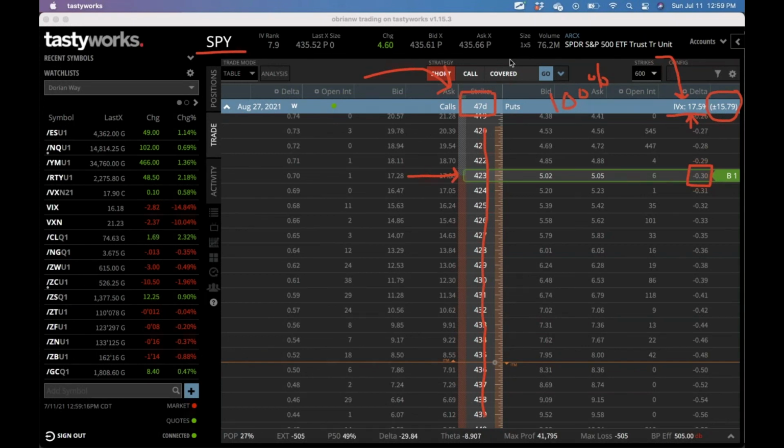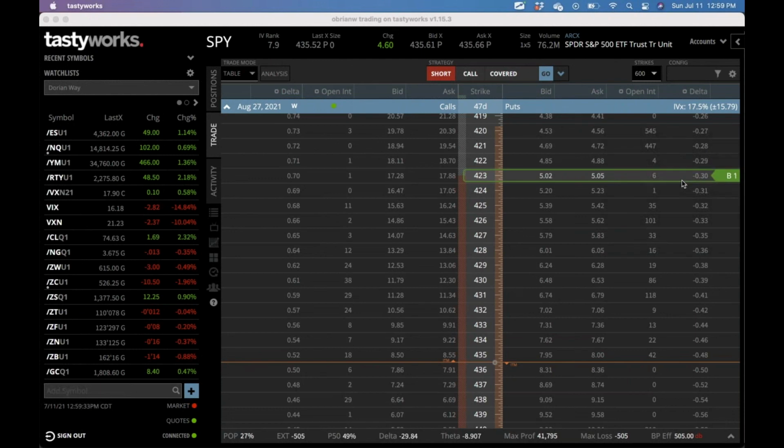All right, so once again, if you're buying something at the 30 delta, you have a 30% chance of making at least 1 cent at expiration. The probabilities are based on expiration. It's not based on before or after.